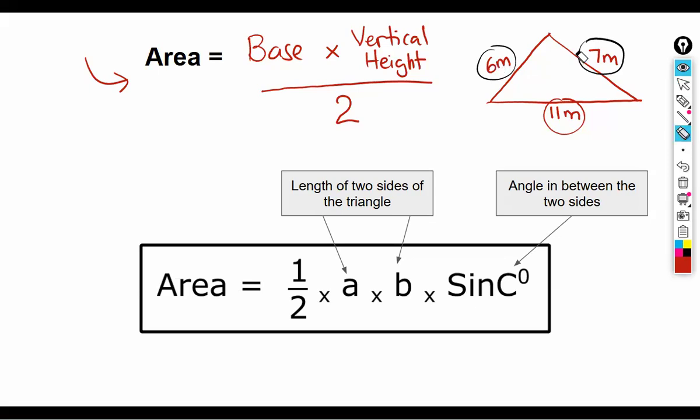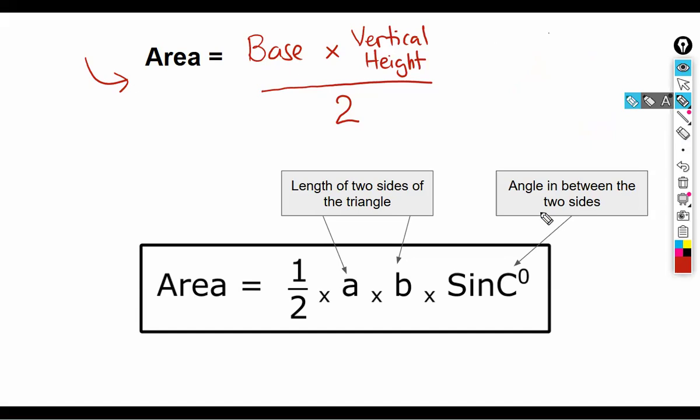Let me get started with the next formula. Another formula that's less popular, I guess, to find the area of a triangle is a half multiplied by A multiplied by B multiplied by sine C, where A and B are the lengths of two sides of a triangle. You have to give it the length of two sides, and they must give you the angle in between those two sides.